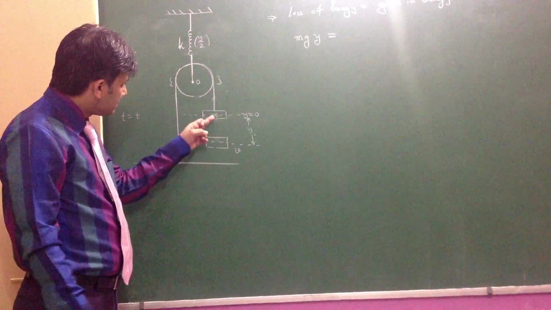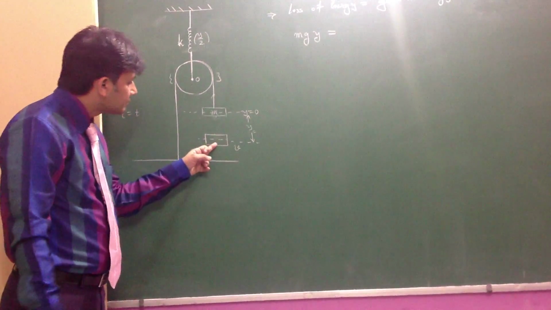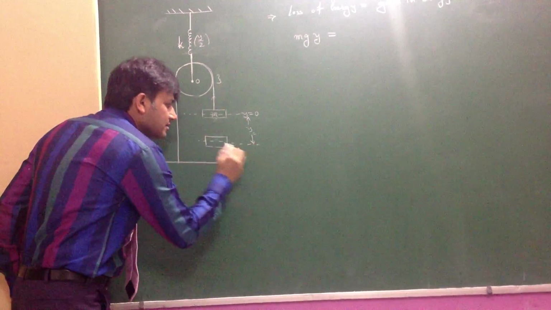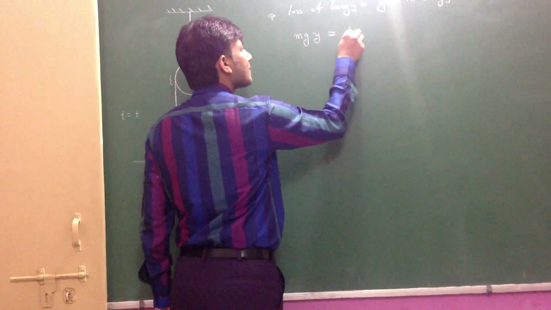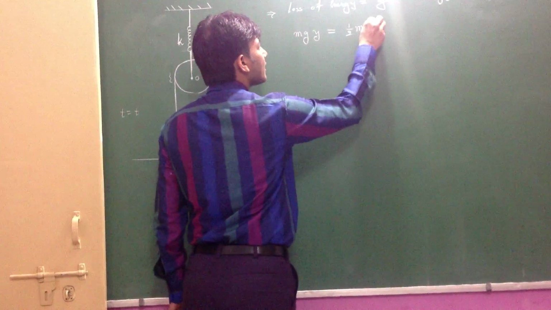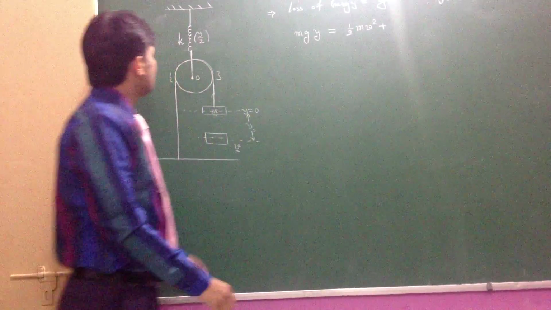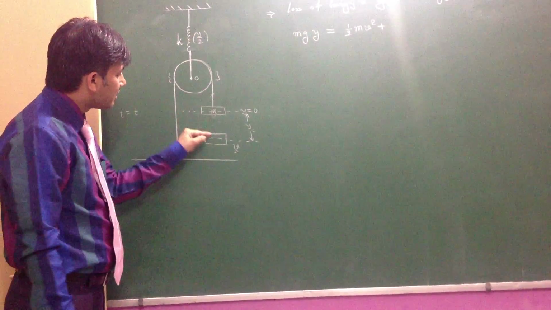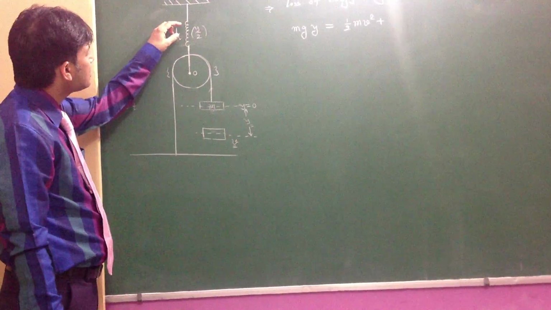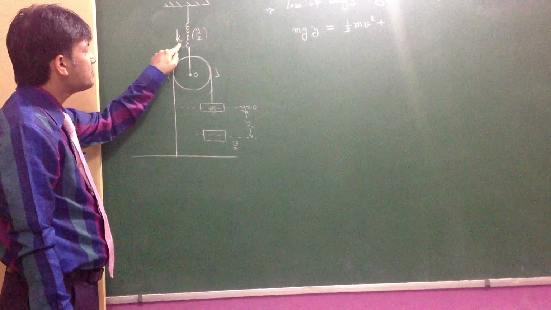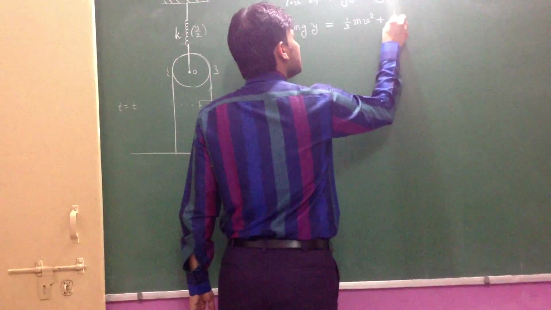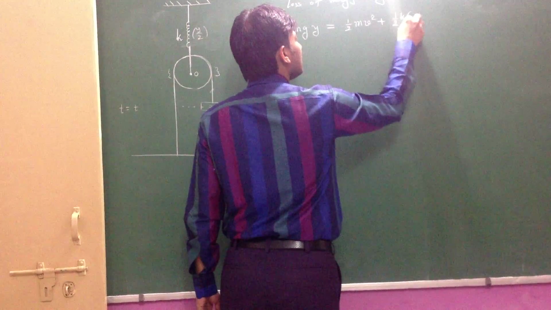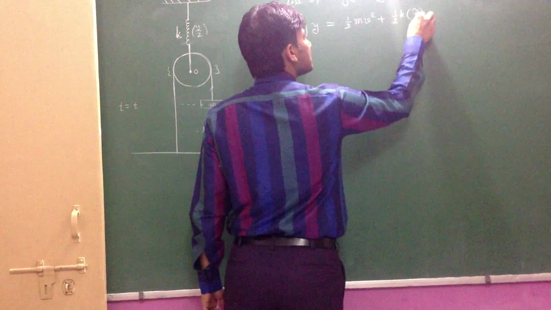But as the mass has come over here, it has acquired some velocity, so it must have the kinetic energy. Also, due to this movement of mass m, there is an extension in the length of the spring, so the spring is getting some elastic potential energy, that is half k y square.